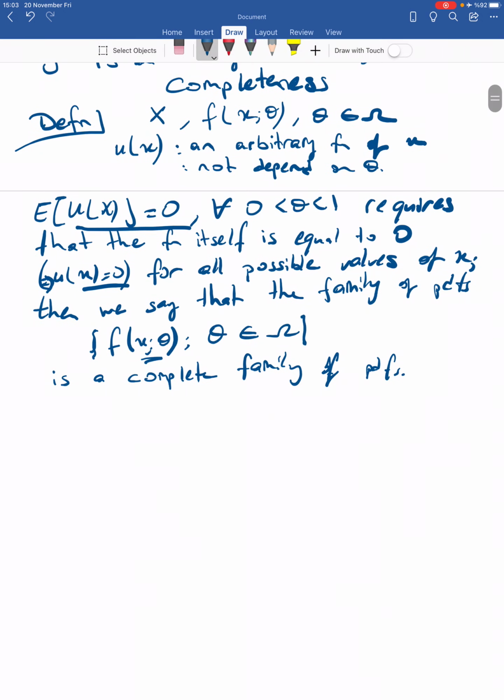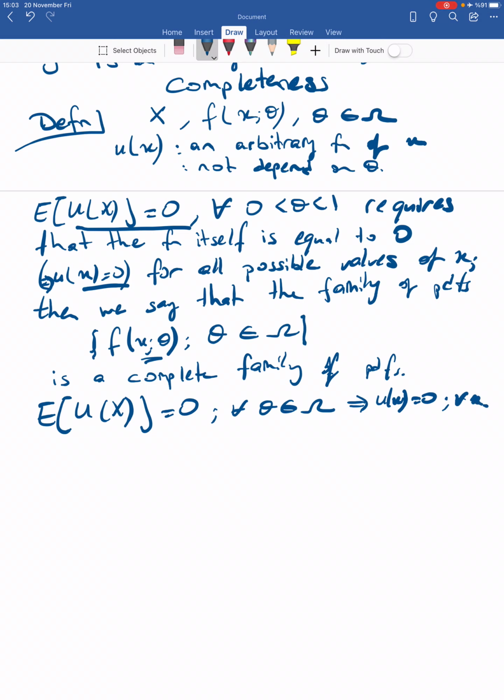So what do we mean by that? We start by considering an arbitrary function of x, u(x), and we are stating that the expected u(x) is 0 for all possible values of theta in the parameter space if and only if the u(x) function is 0 itself for all possible values of x.